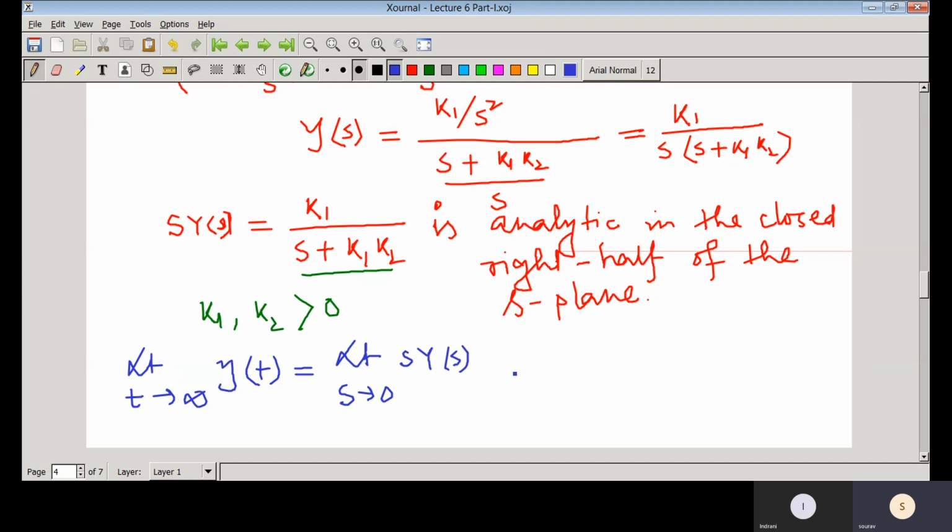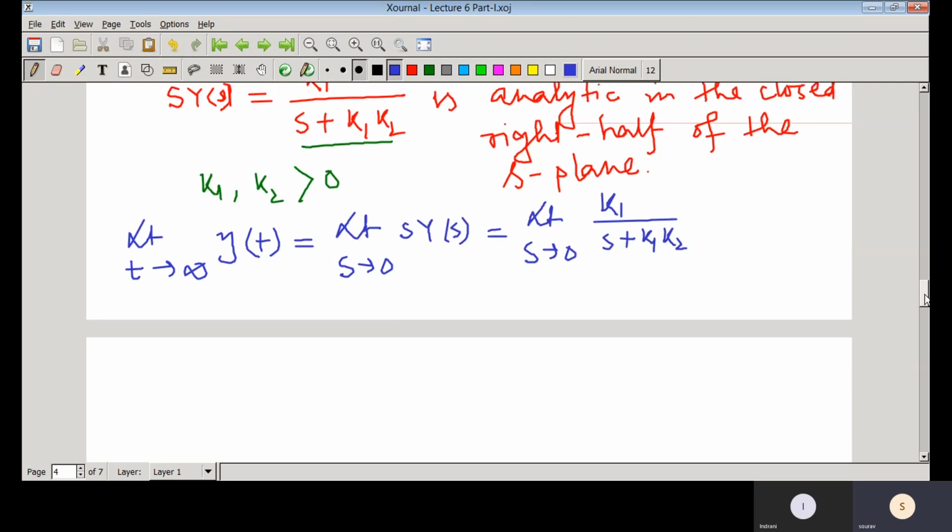So we get the limit as s tends to 0 of s times K1 divided by (s plus K1 K2), and you will get 1 by K2.